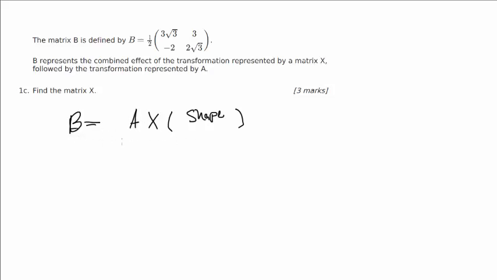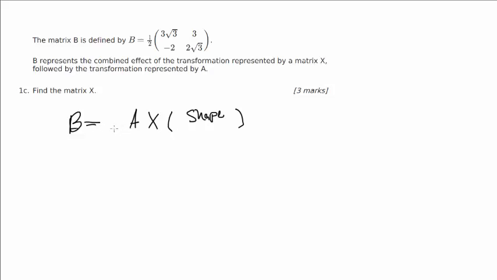So it's important how this order is written, because if they want me to find X, then what I really need is to multiply by the inverse of A. Again, it's important to think about the order.